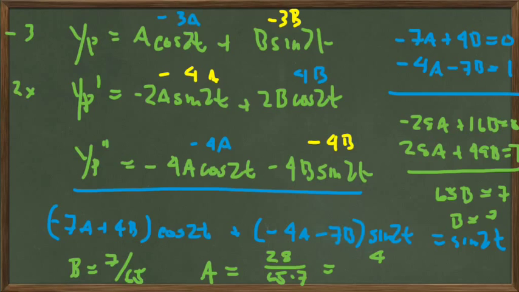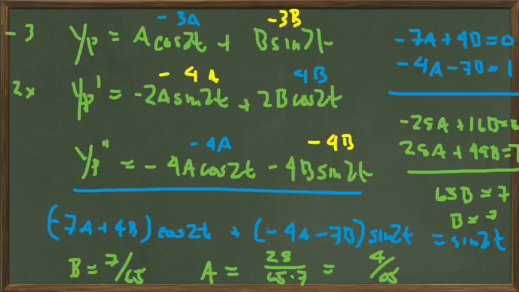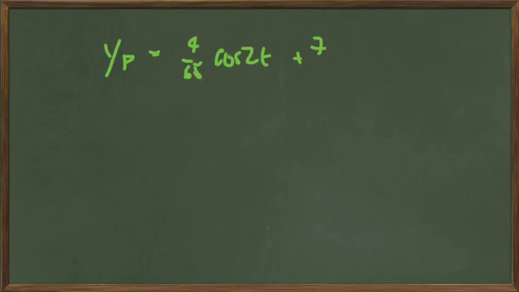So that would be what? 4 over 65. So yp would be 4 over 65 cosine 2t plus 7 over 65 sine of 2t.